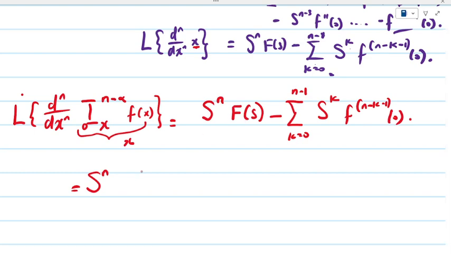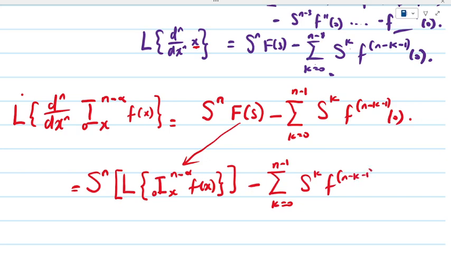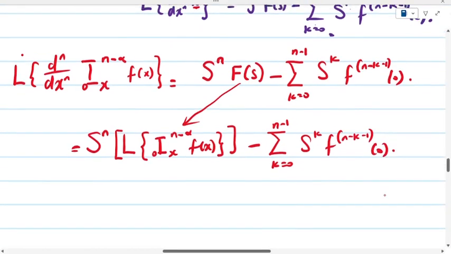So my f of x, don't forget, is the whole of this, which is the Laplace transform of the integral from 0 to x of order n minus alpha of f of x. So this is my f of x, then minus the summation k equals 0 to n minus 1 of s^k f^(n-k-1) of 0.